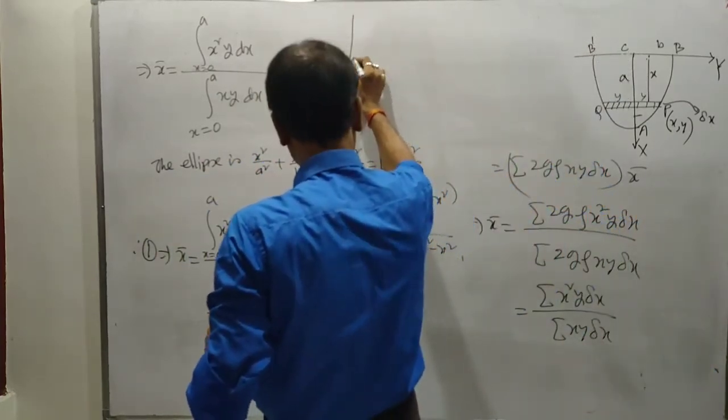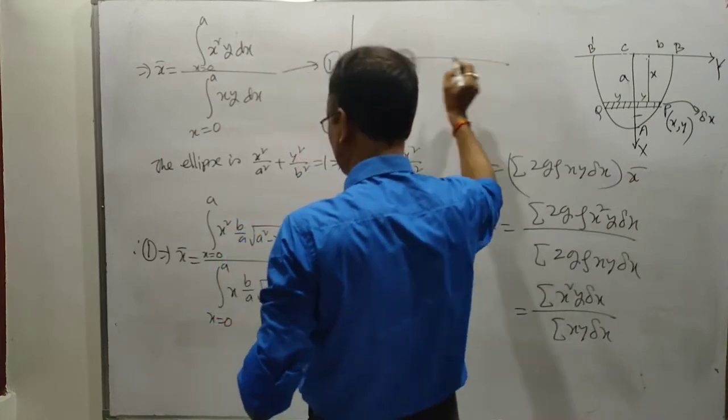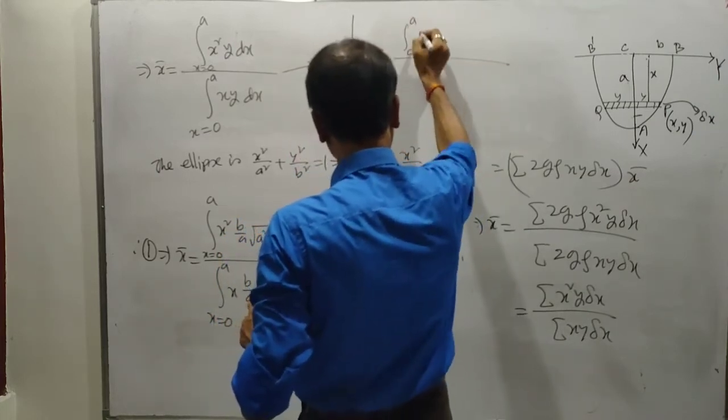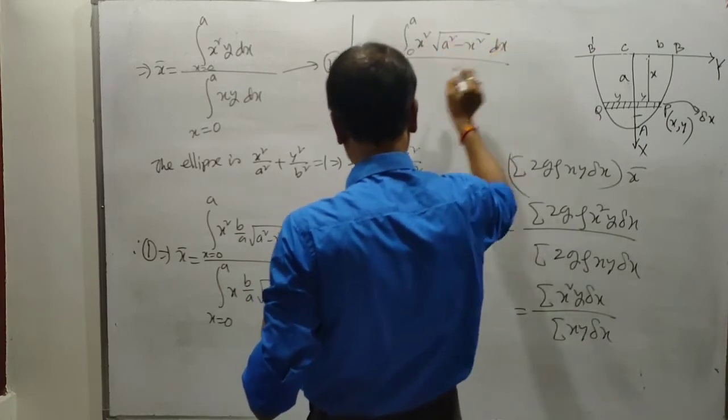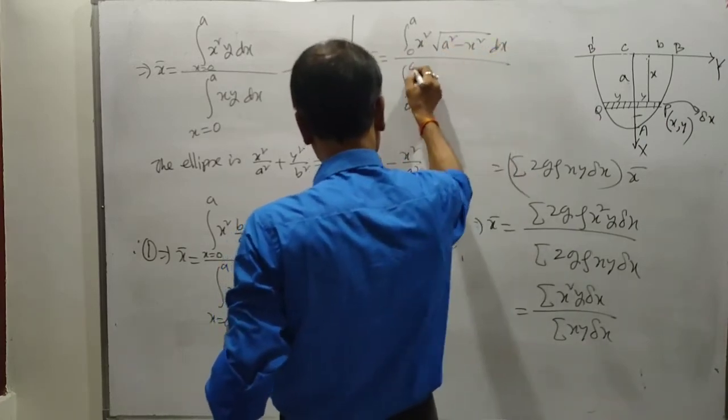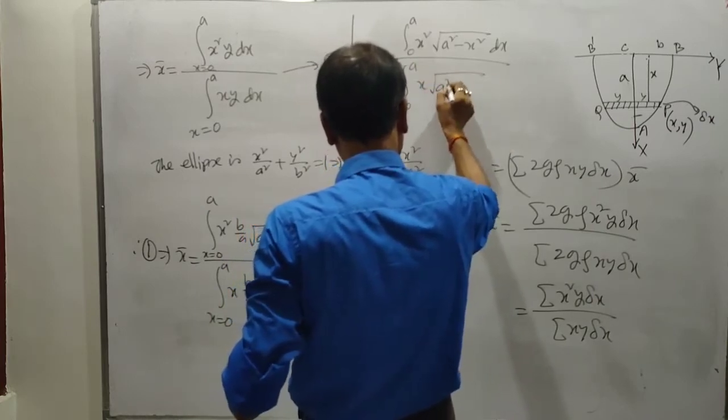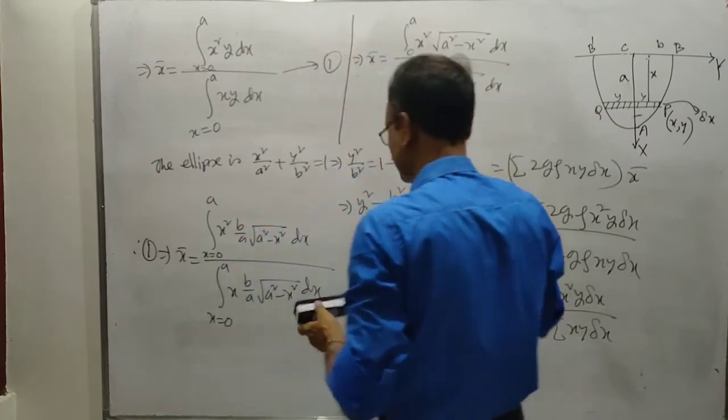Let me write here. This means x bar equal to integration 0 to a x square root a square minus x square dx over integration 0 to a x root a square minus x square dx.